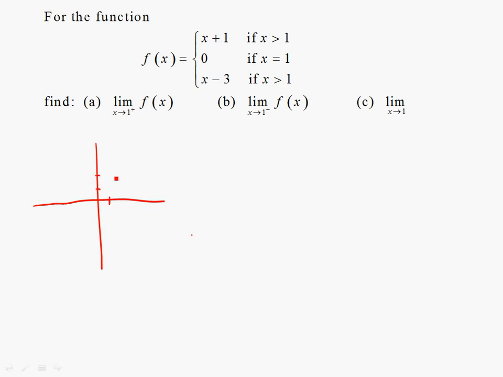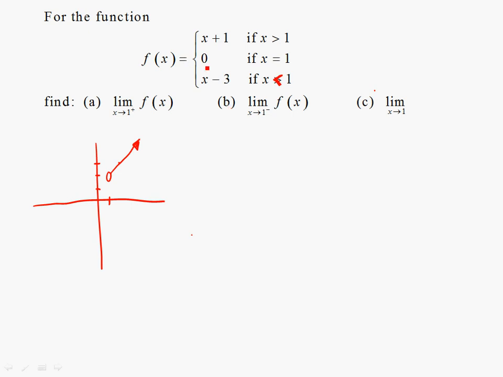If x is greater than 1, that means that at 1 I should be 2, and then after that I move at a pace of 1 up, 1 over. So that would be x greater than 1. Made a typo here. Let's make this less than 1, otherwise I have two greater than 1s.